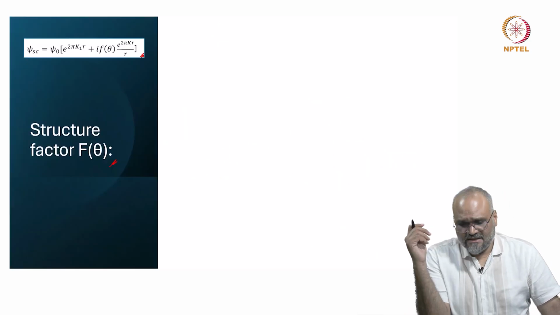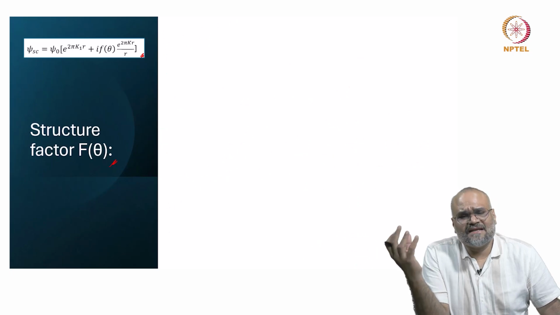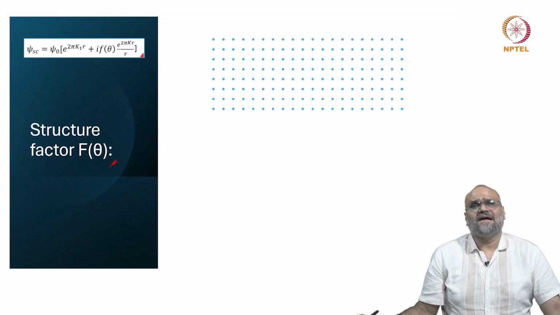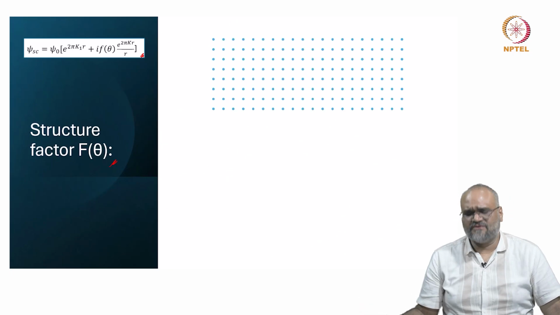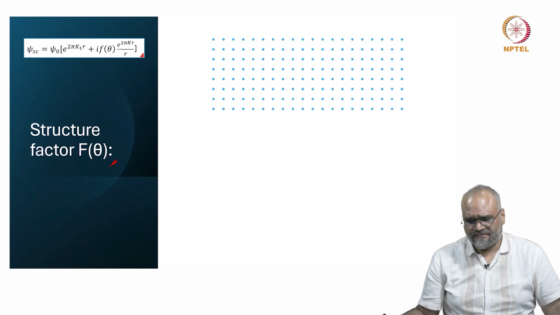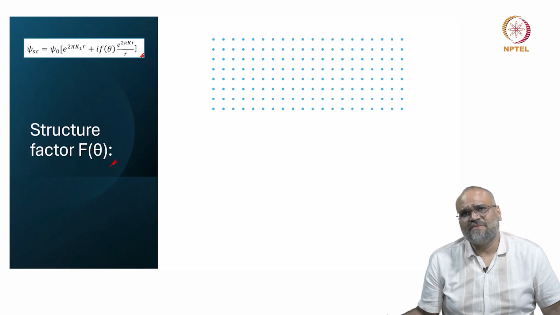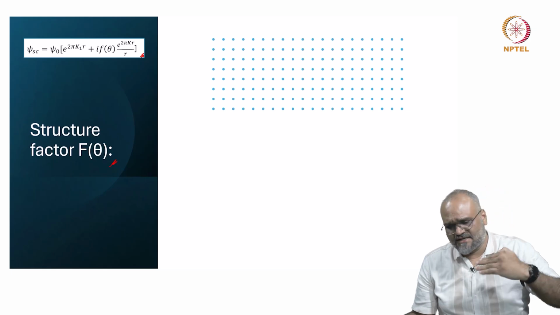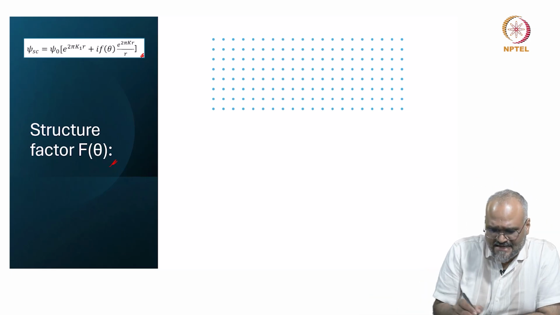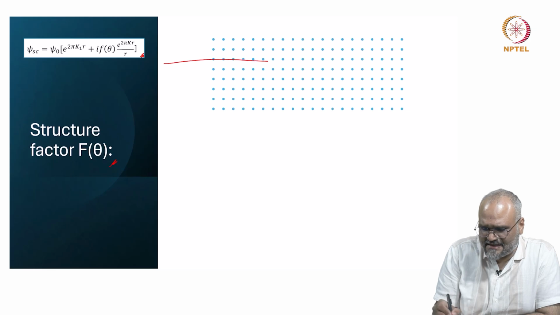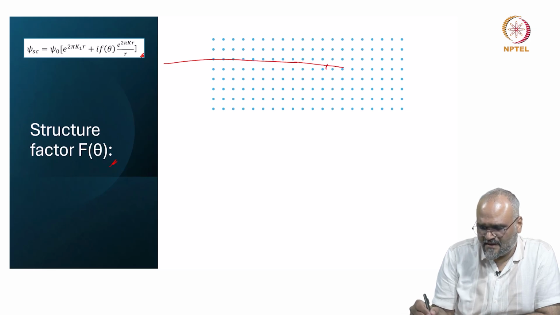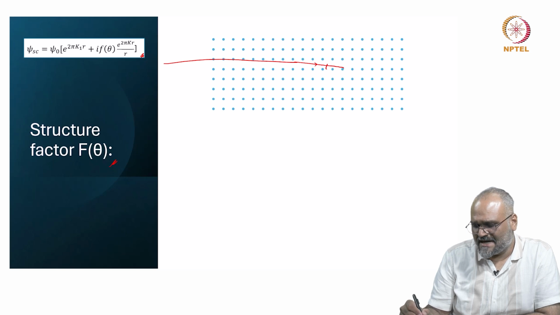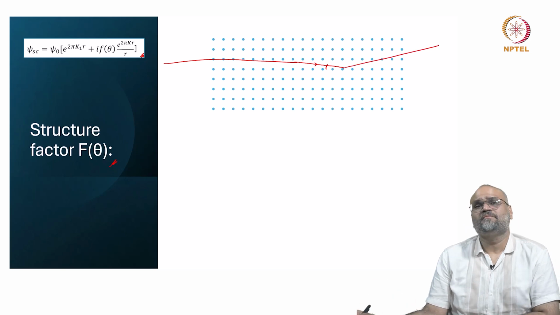So, if I now extend it to a crystalline lattice, and let us say I have a periodic arrangement of atoms like this. For now, for simplicity, let us look at the propagation of the electron beam horizontal, not vertical, and let us say a beam is incident at an angle like this, and it is scattered through a small angle like this.